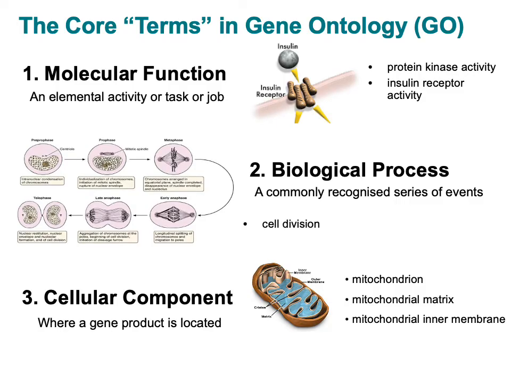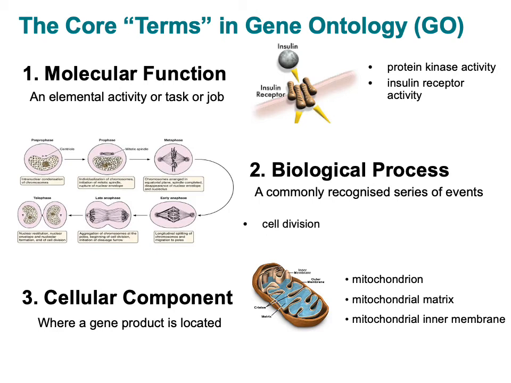So gene ontology is an ontology that's principally concerned with the function of genes. Within gene ontology, the goal is to categorize different kinds of annotations under three broad core terms. The gene ontology is principally concerned with characterizing the molecular function of genes, so recording elementary activities or tasks, like whether a gene product is a protein kinase or insulin receptor.